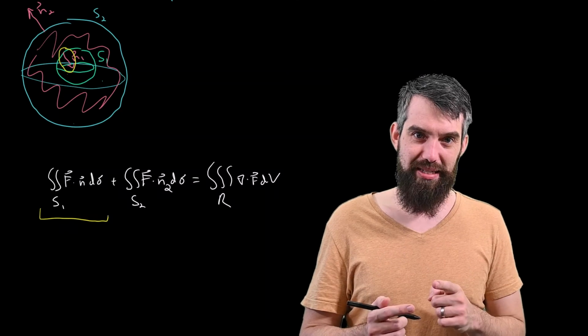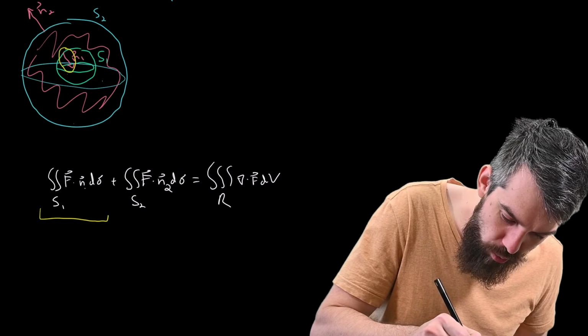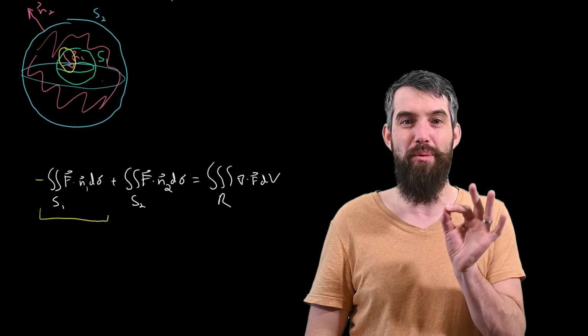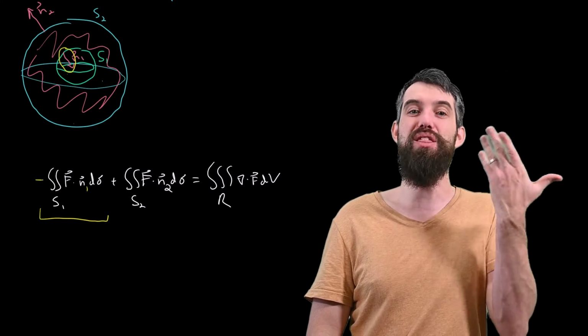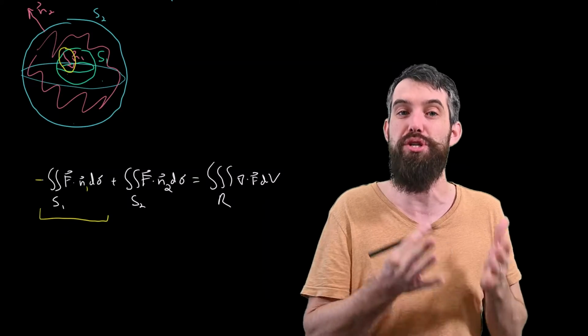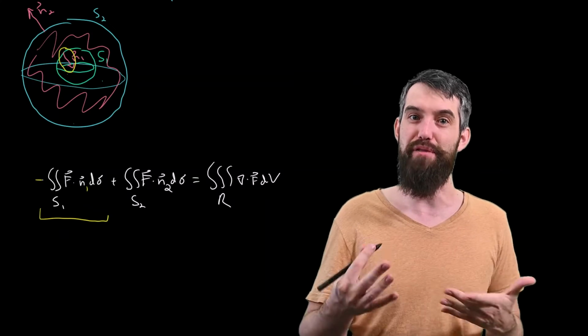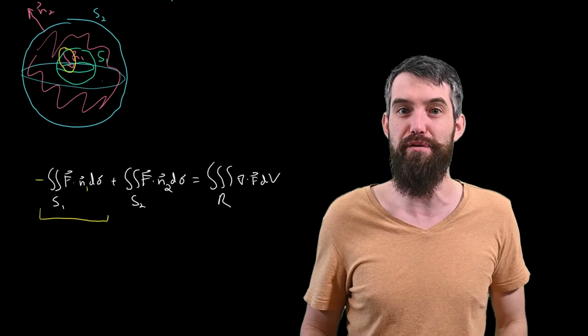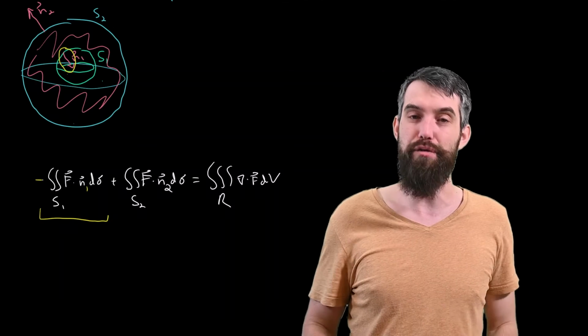So if I want to write an N1 here, I have to put a negative out the front of it, because my N1 is oriented exactly the opposite of how I would do that integral if I was just given that integral and told to do it by myself. I would have thought the outward flux would be the negative of the N1. Okay, so I have this formula here.